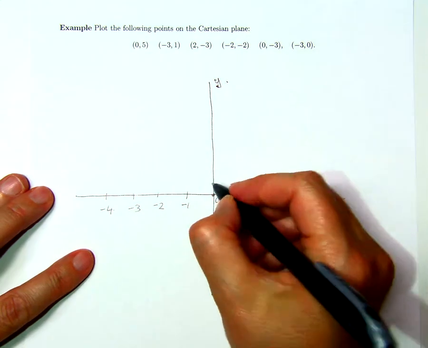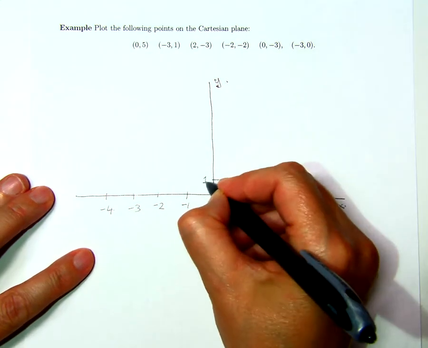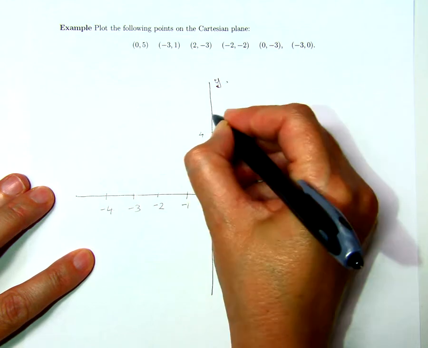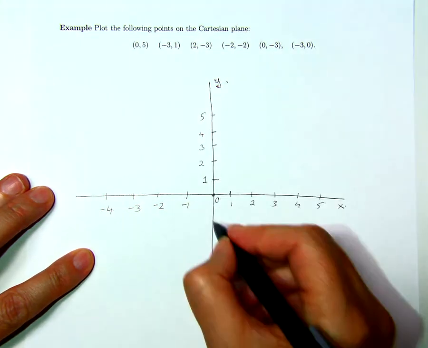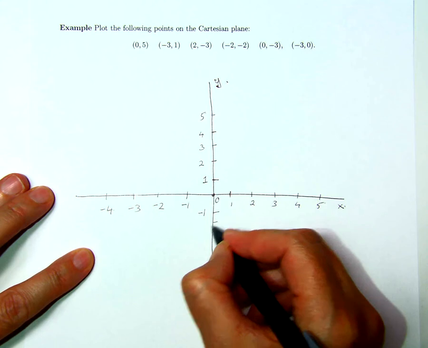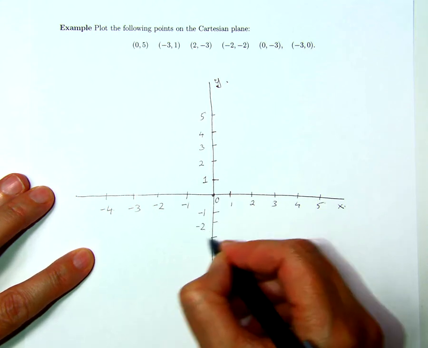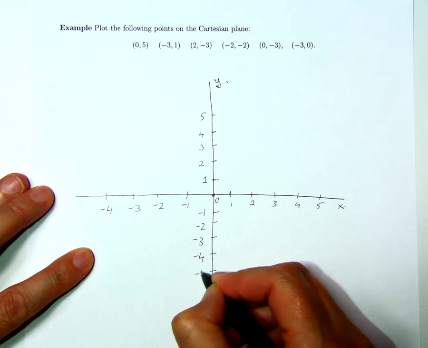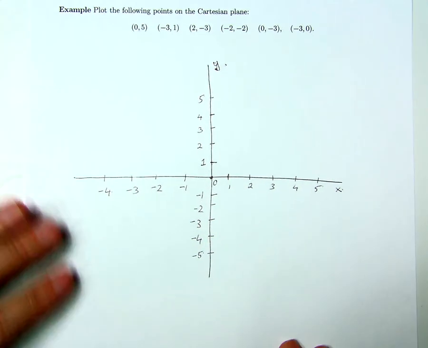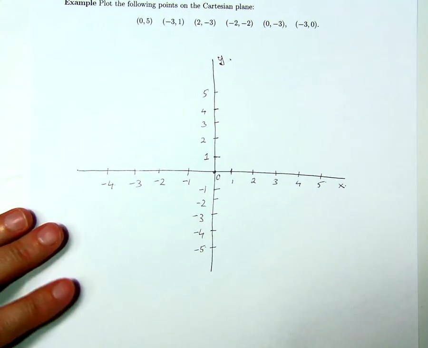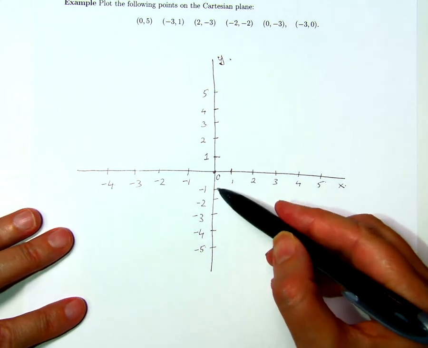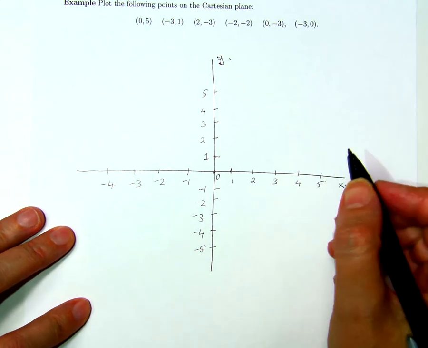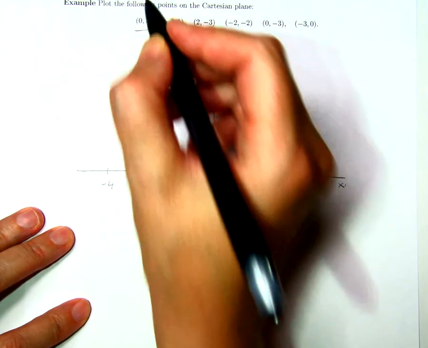And for the y-axis, here we have 1, 2, 3, 4, 5, and negative 1, negative 2, negative 3, negative 4, and negative 5. And obviously this is a rough sketch. Some of these units are not exactly the same as the previous one. They should be.